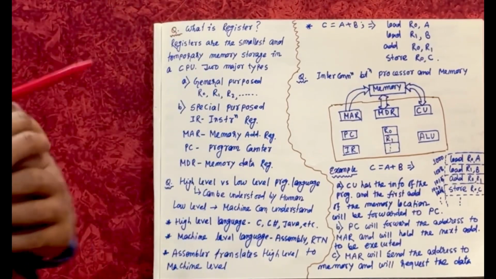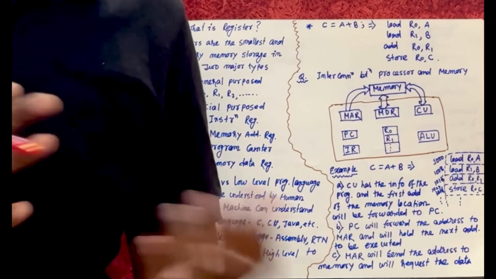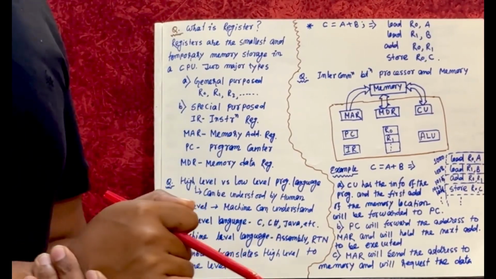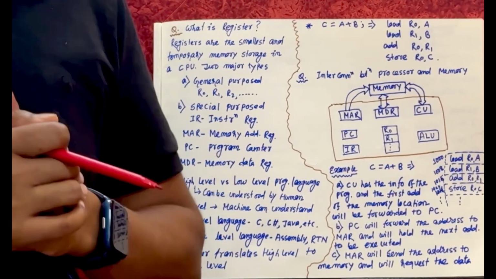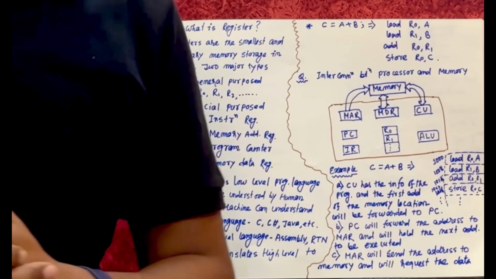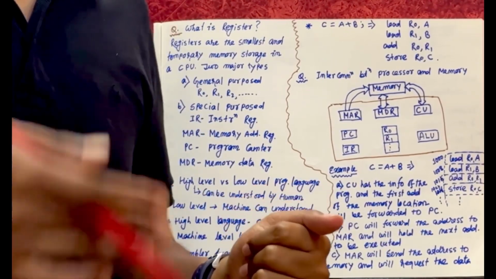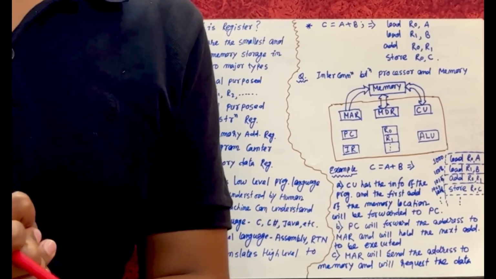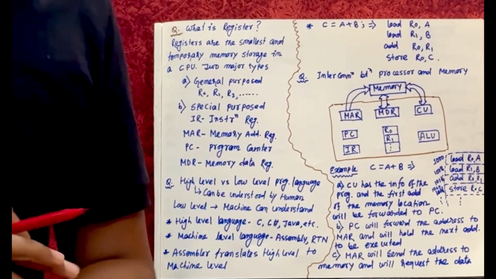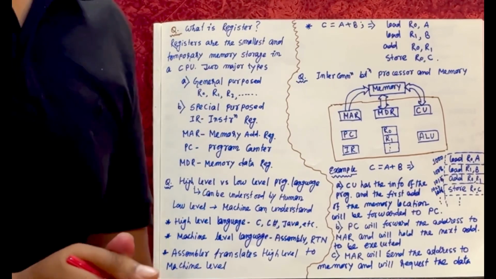Fine. Now we have many types of special purpose resistors. But if I talk about the very important ones, we have to remember a few special purpose resistors which we will use repeatedly in the upcoming classes. What are those? Number one is IR. The full form is very important to remember.